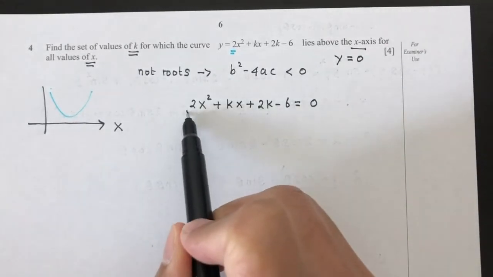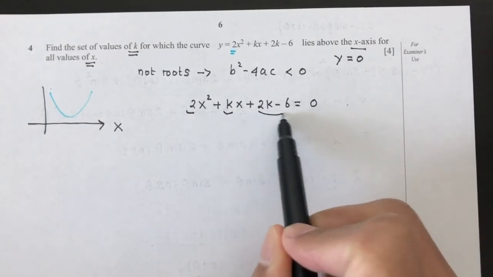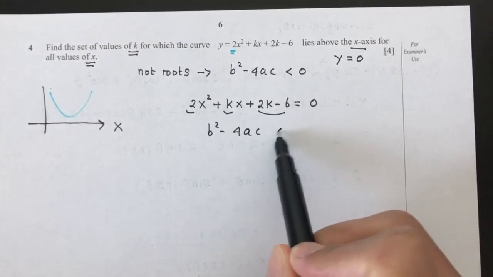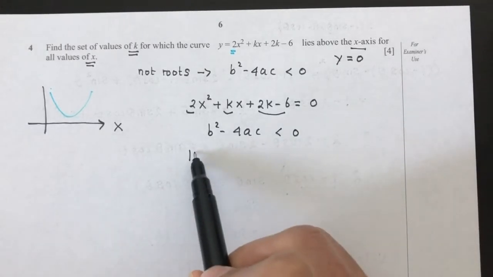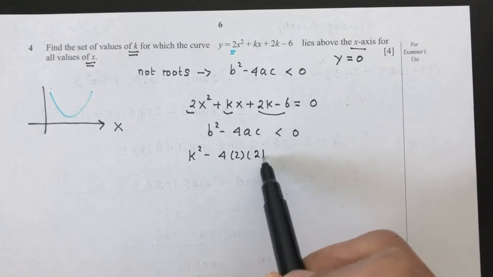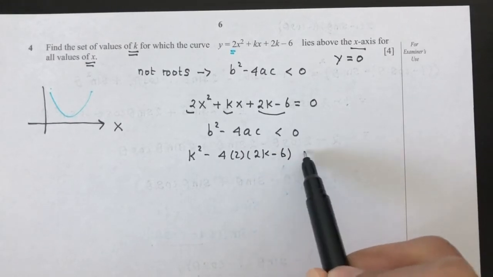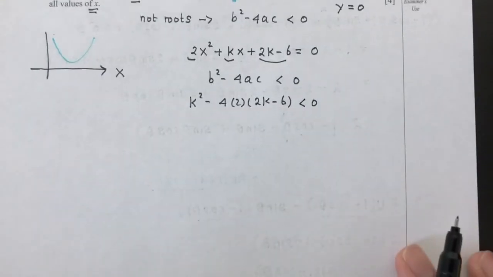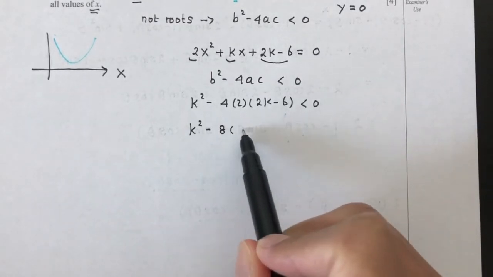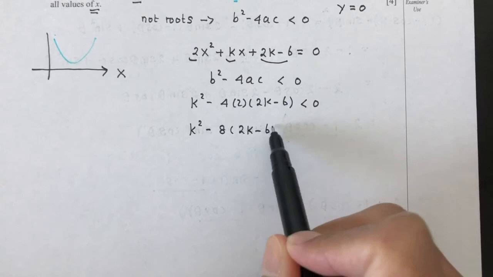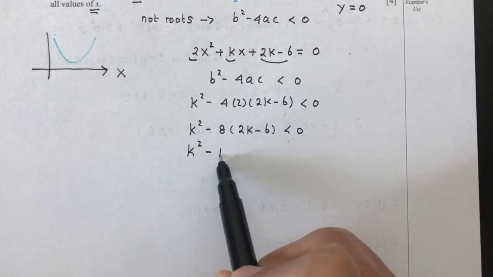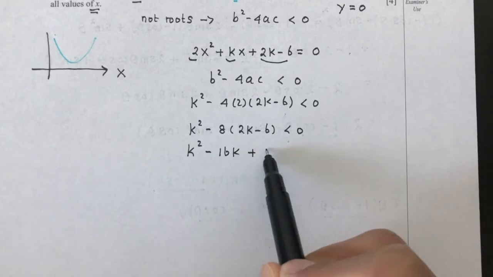Now this is your a, b, and this is your c. So b squared minus 4ac, b squared is k squared minus 4 times a times c. Let's simplify. That will be k squared minus 8(2k minus 6), k squared minus 16k plus 48.